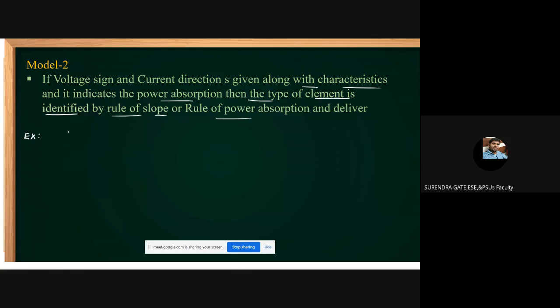Here, one element is given, that means along with characteristics, the element is also given. Sometimes the question is asked like this. This is the direction of current. This is positive, negative, and this also positive, negative. And the characteristics are given like this.